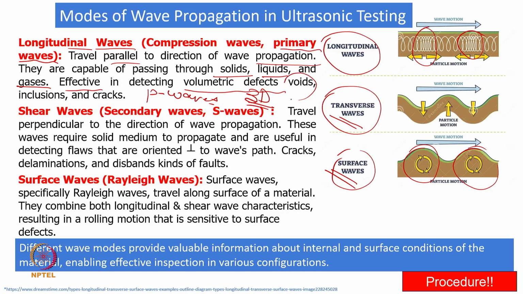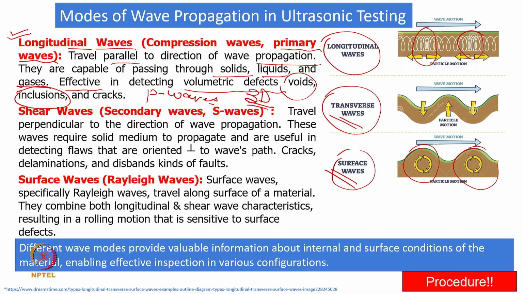One example of a volumetric defect is a void. It can have inclusions, maybe foreign material which is getting into that, or it can have a crack which is much bigger in size and has 3 dimensions. So, basically anything which has 3 dimensions and is countable, maybe even at the micron level, we need to use longitudinal waves for that.